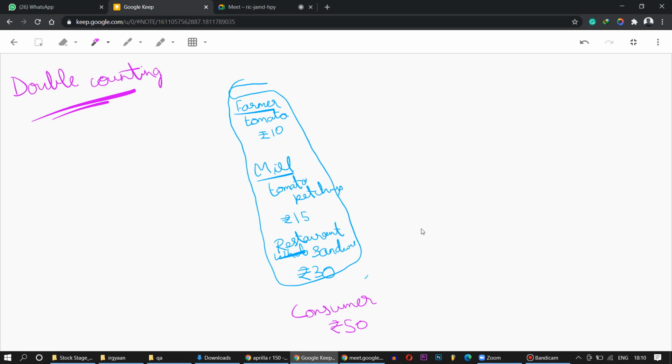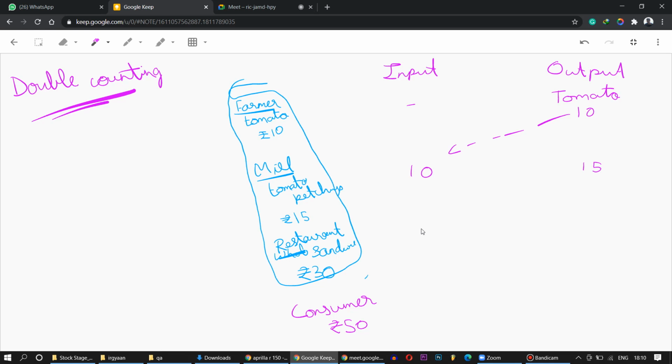Now here, farmer, this was happening. Input and output, let's put here. Currently, let's ignore the input. Output was tomato, and tomato was 10 rupees. Now here, mill people, they're using input 10. 10 rupees is the input, but they are selling it for 15. Okay?